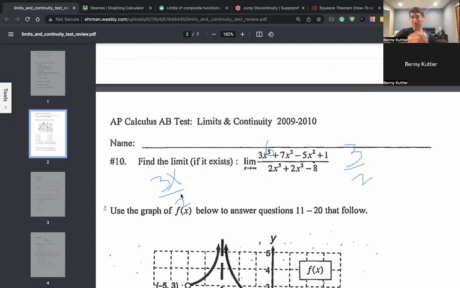But the 2 is still only dividing, which doesn't do much compared to that being multiplied by 3. So this does not have a horizontal asymptote, or you could say that it has a horizontal asymptote at infinity, which isn't really that significant. It could appear either way, but you're never going to have to decide between if it's approaching infinity or if it doesn't exist. So if the degree of the top is greater than the degree of the bottom, then the limit does not exist. It approaches infinity.